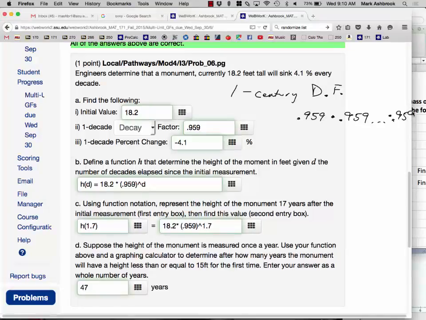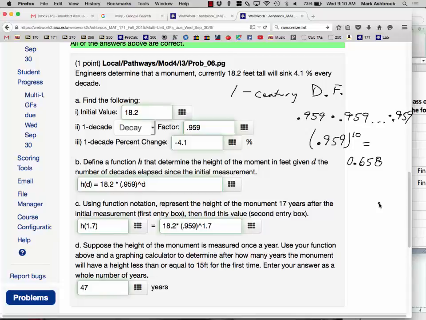So in 1 century, how many times will we have multiplied by 0.959? 10. So the 1 century decay factor is 0.959 to the 10th. And what did you get for that? 0.6579, so 0.658.